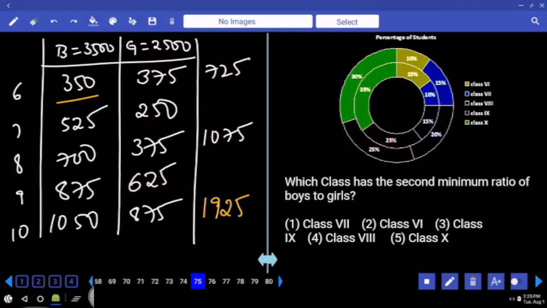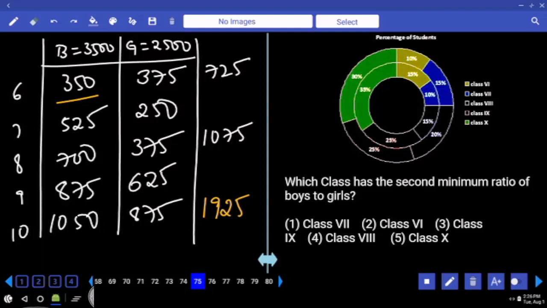Out of remaining 4, we need to identify least fraction. Least fraction in the sense both numerator and denominator should be very close to each other. Yes or no? Right. How much gap we have? More than 100%, right? Leave it. Here also approximately 100%, not more than, but approximately 100.